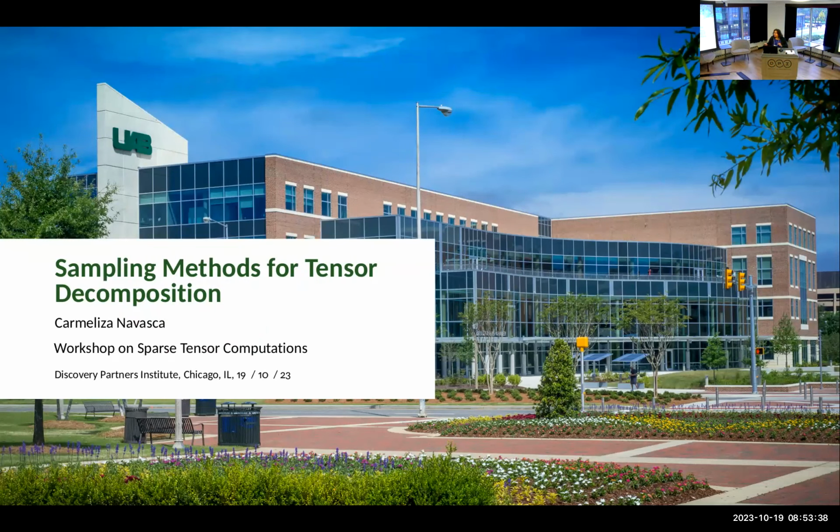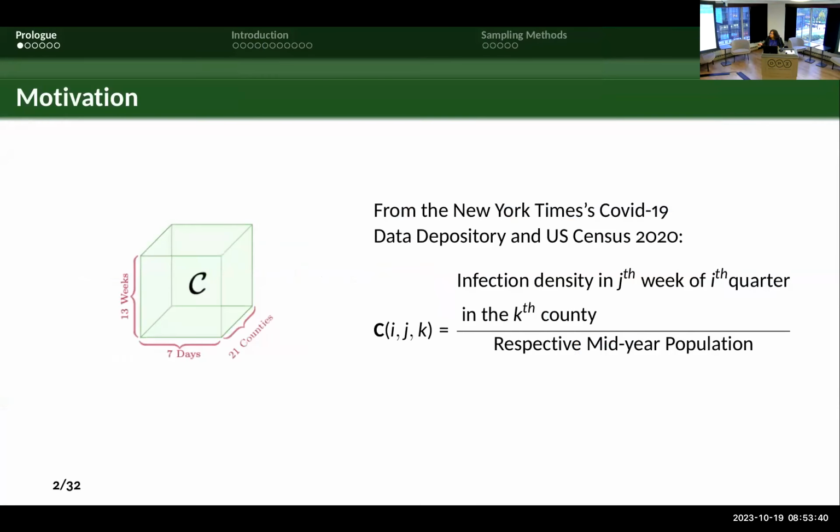Let's see. Okay. So I'm going to start off with a tensor, everyone knows what a tensor is. This is a COVID tensor, directly from the New York Times COVID database.